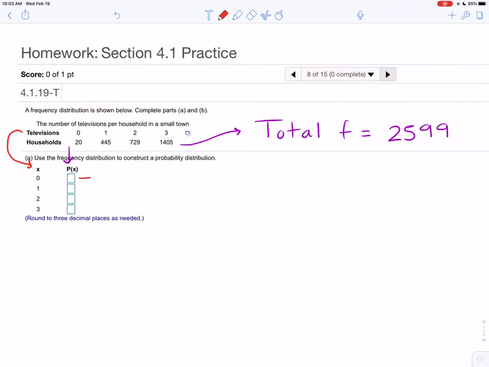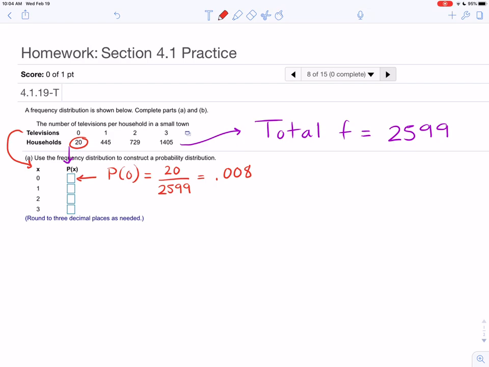So for example, right here, if I want to know the probability that a household has 0 televisions, I'm going to take the frequency, how many times did that occur? And to get probability, I'm going to divide that by the total. So the probability that I would want to report here to 3 decimal places is going to be 0.008.